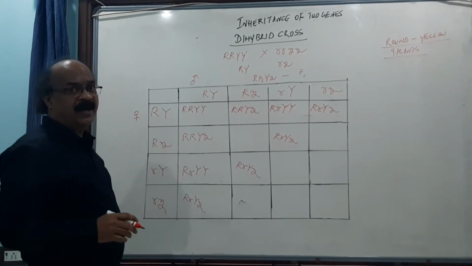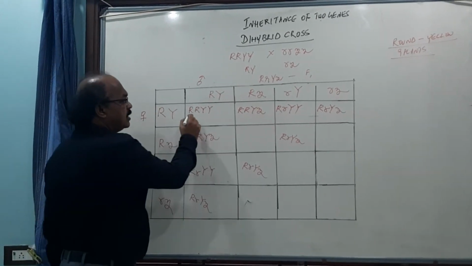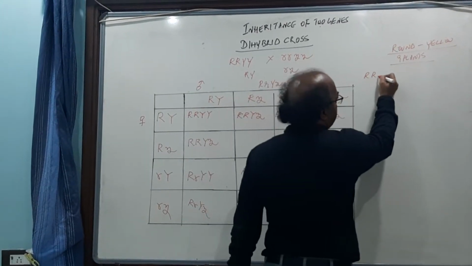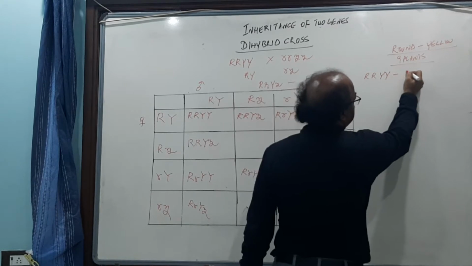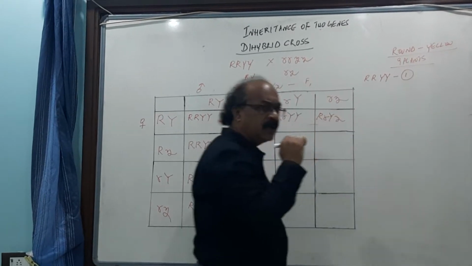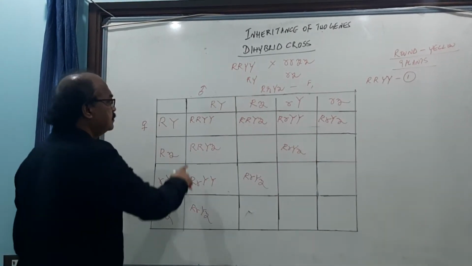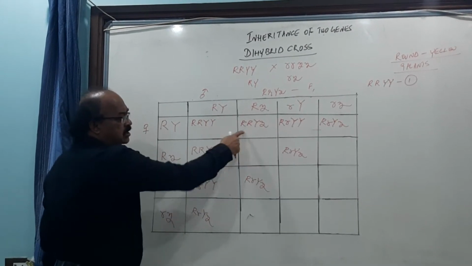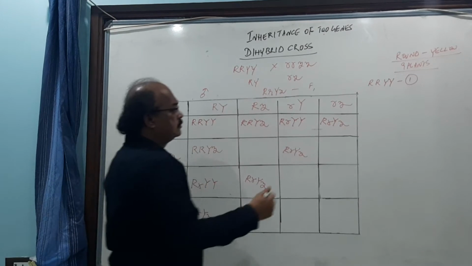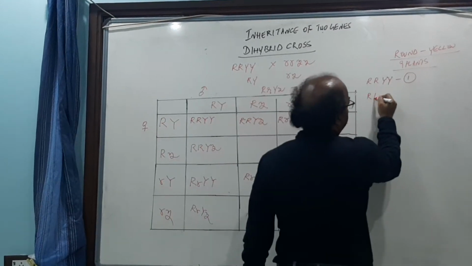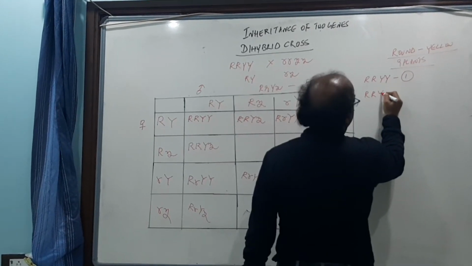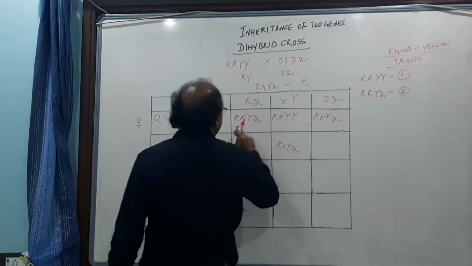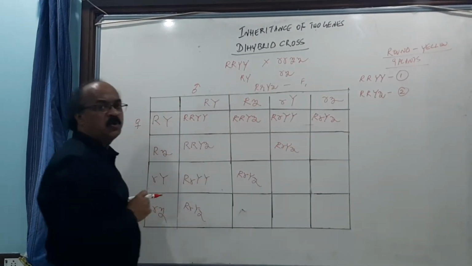In these nine plants, this is capital R, capital Y, that is one type of genotype. This genotype both are same. Capital R, capital Y, small y: you got with that genotype 2 plants.